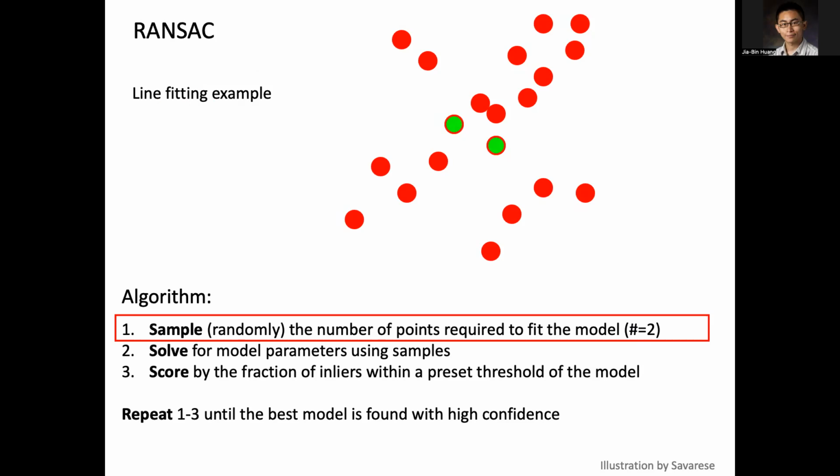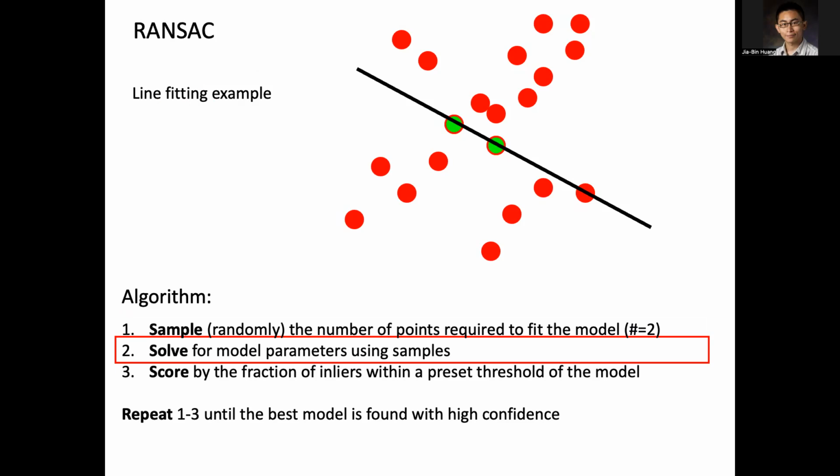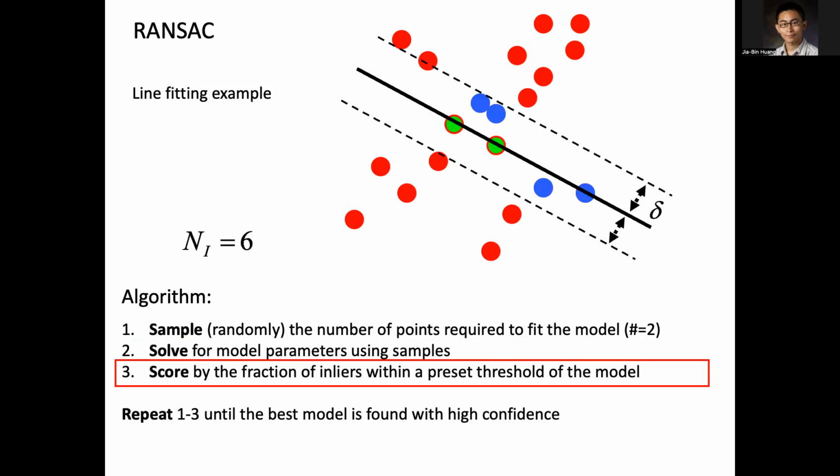Okay, I want to check whether this is a good line or not. The way we check is to draw a boundary around this line and see how many of the data points agree with this hypothesis. In this case, I can count how many: it's like 6 that pass through this line.